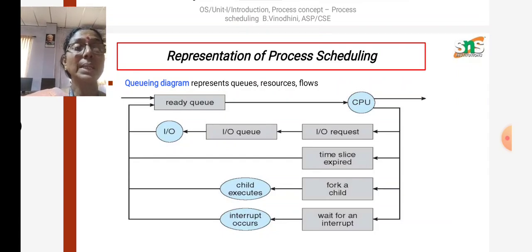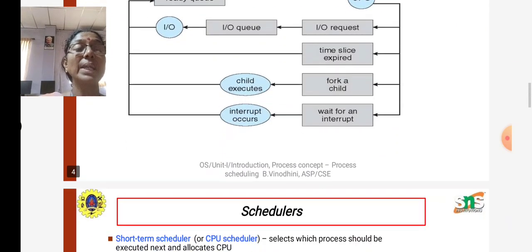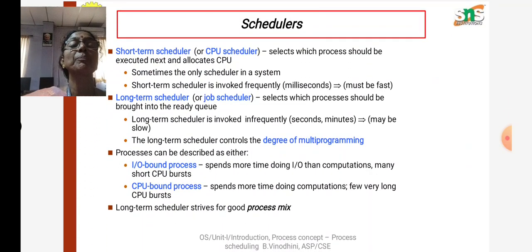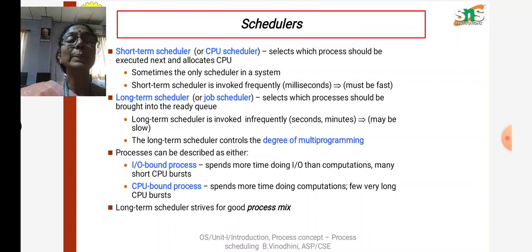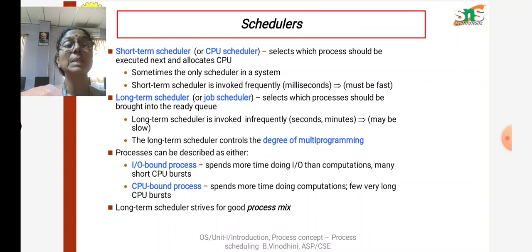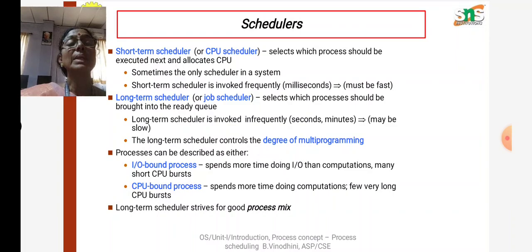After the interrupt, the process is saved into the corresponding queue. When the interrupt is completed, it goes to the ready queue, finally executes, and goes to the terminated state.